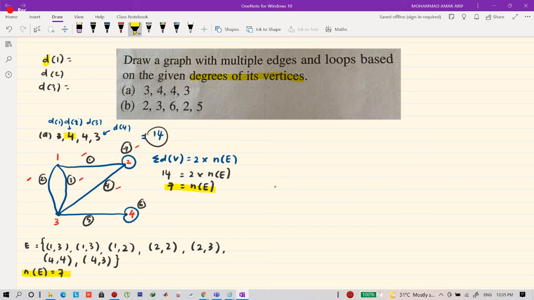So for question B, how about it? For question B, we try to use the same method as well. Okay, B tells us 2, 3, 6, 2, 5. So assume this is your D1, D2, this is D3, D4, and this is your D5.